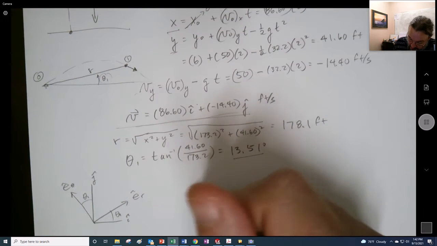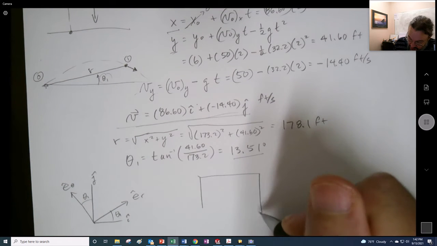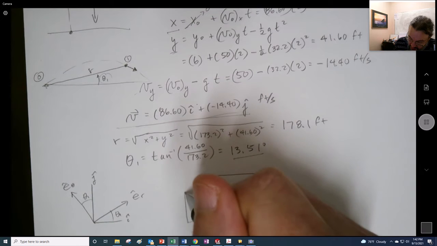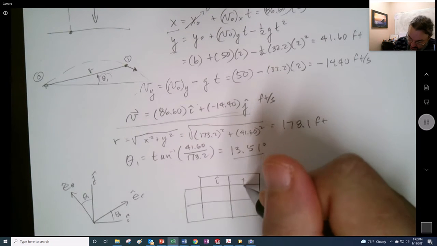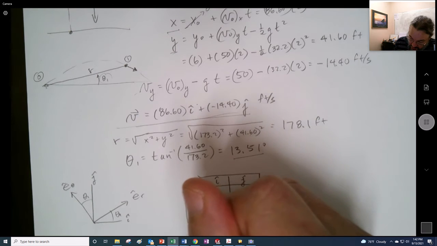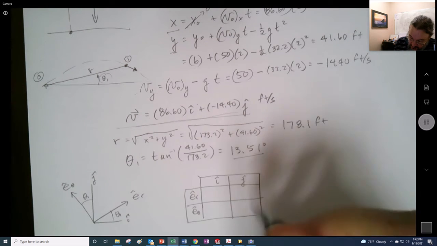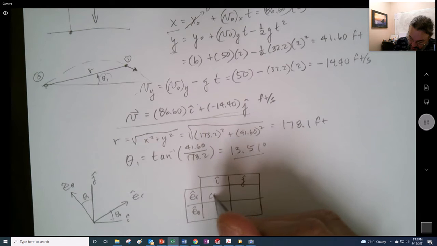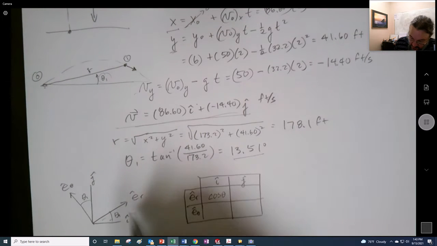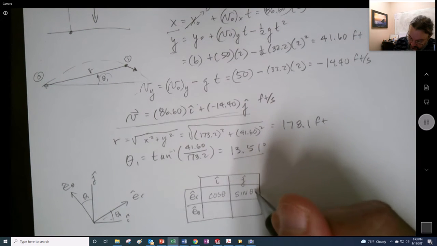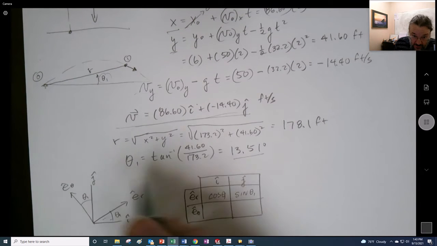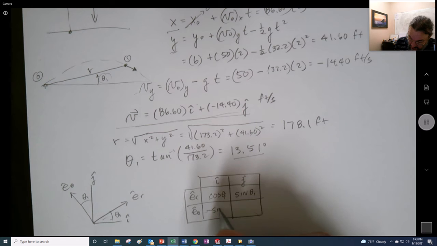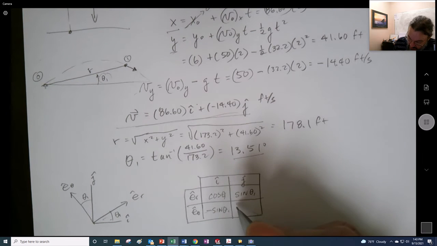Our coordinate transformation should look something like this: here's I, here's J, here's ER and E theta, and we can see that's going to be a cosine for ER and a sine, both positive, with theta 1. And this one's going to be negative because it's going in that direction, so it's a negative sine theta 1, and then there's a cosine of theta 1.